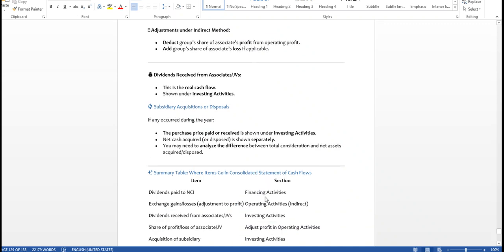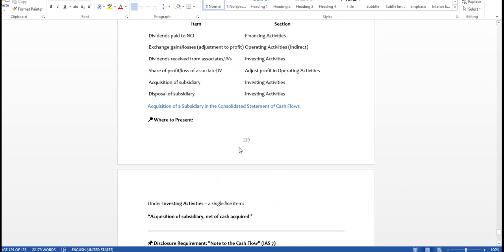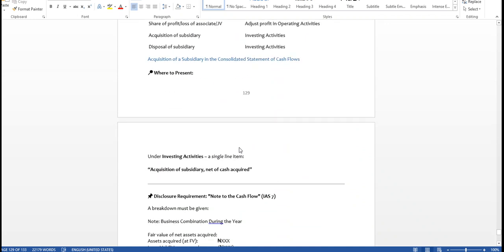That's analysis, right? The summary of everything we've said so far is here. Where to present is under investing activity, you present it as a single line, and for acquisition of subsidiary, you present net of cash acquired.